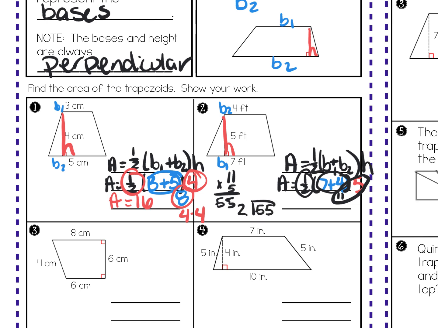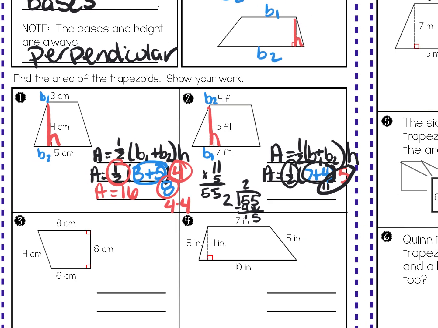2 can go into 5 twice. Minus 4, 1. Bring down the 5. You can also work on the back if you need more space. And then 2 can go into 15 7 times. It can go into 14, minus, 1.